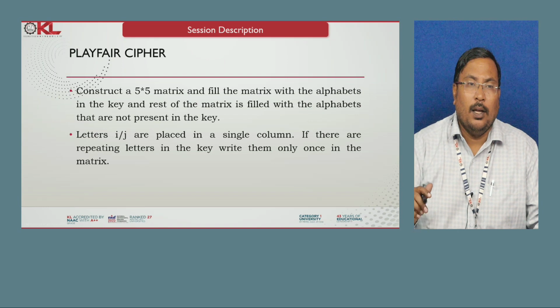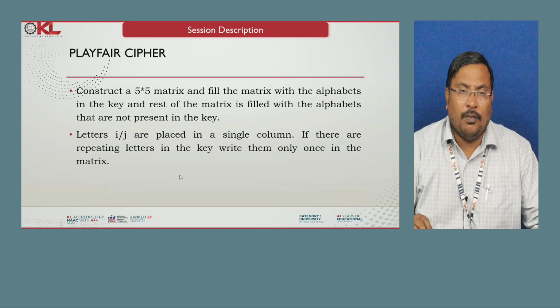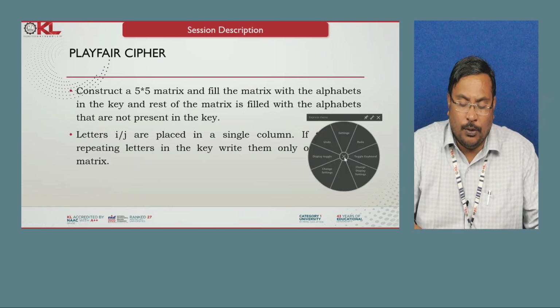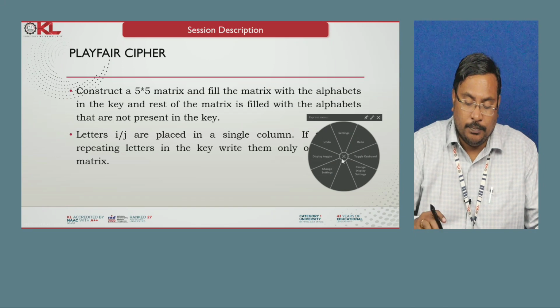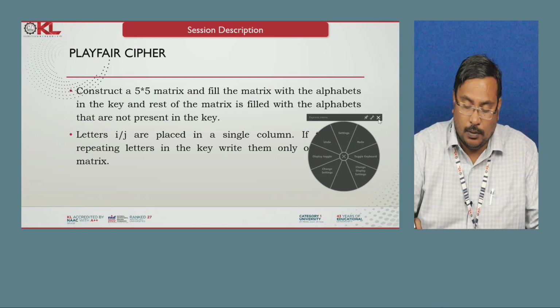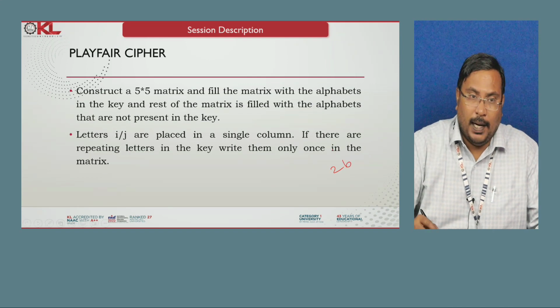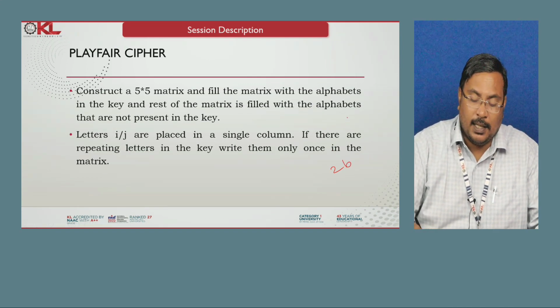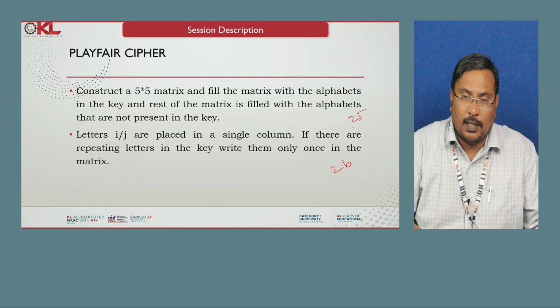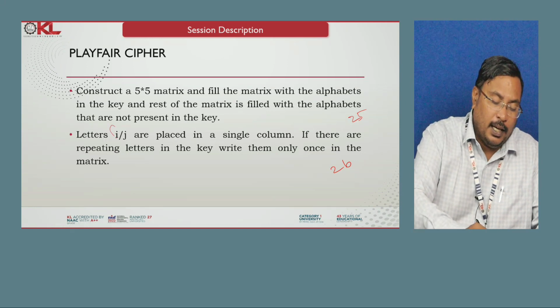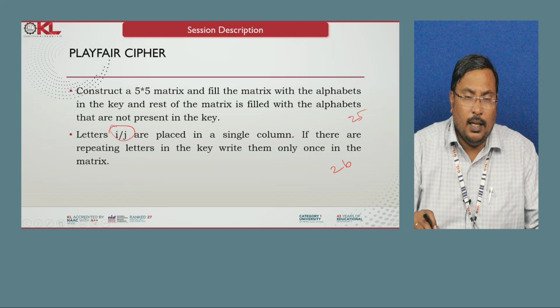In Playfair, we construct a 5 by 5 matrix and fill it with the alphabets. We have a total of 26 letters, but the 5 by 5 matrix can hold only 25 letters, so the I and J letters will occupy a single cell.